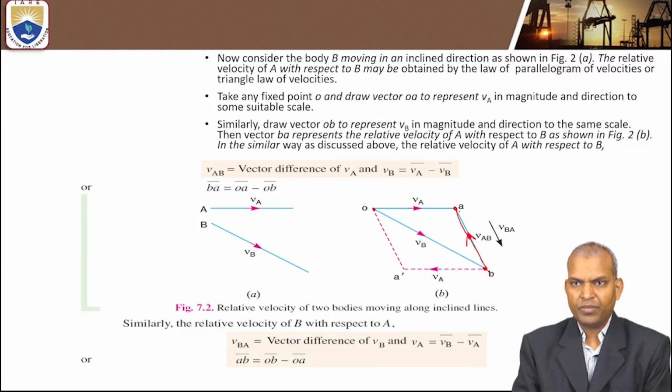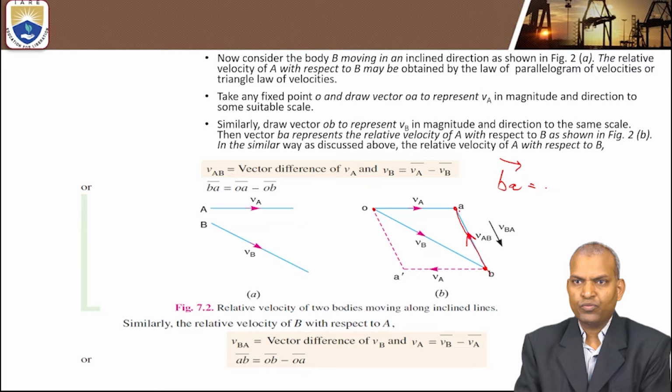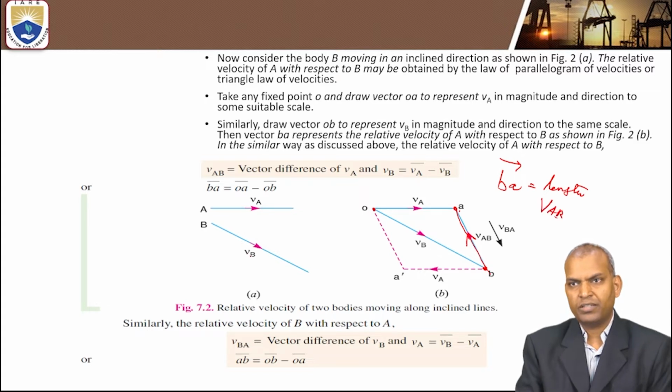You measure with the help of the scale the length of the vector, in vector form B to A. That length gives the quantity of velocity of A with respect to B, VAB.